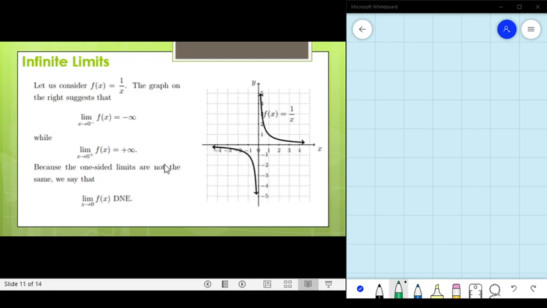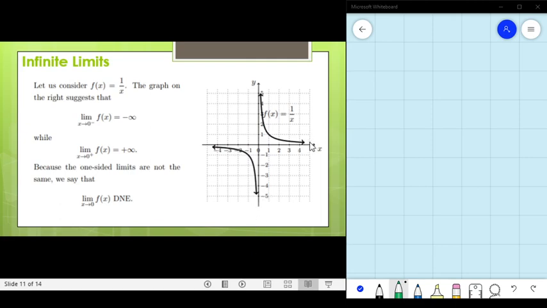Okay, let us now consider f of x equals 1 over x. So notice that the graph informs us that when x is approaching 0 from the left, so dire towards 0, so padong siya sa ubos.